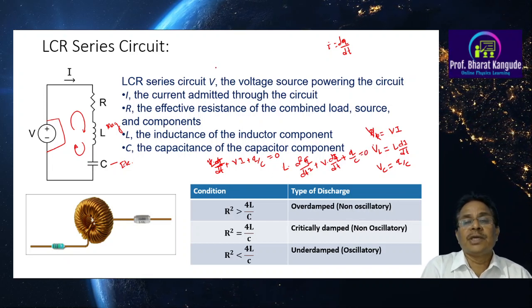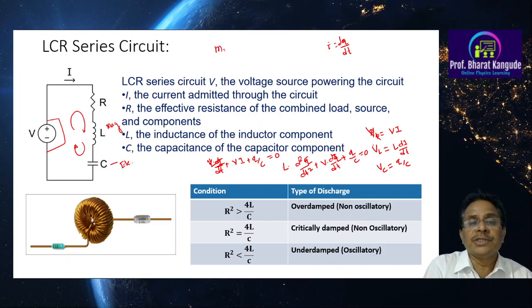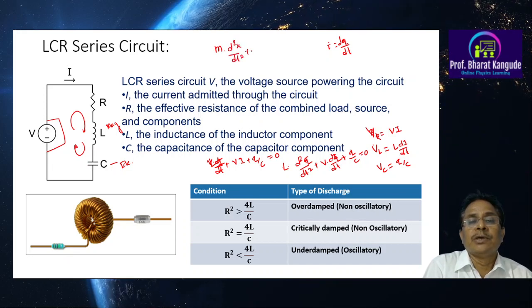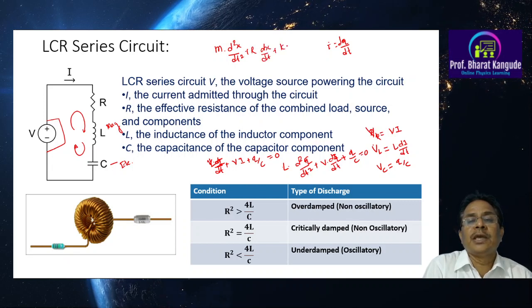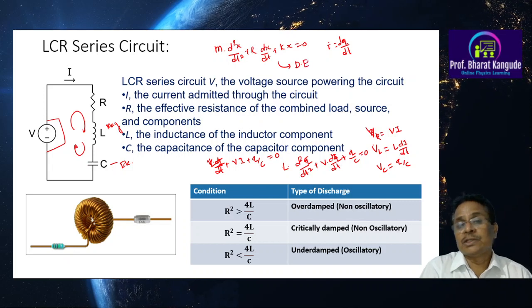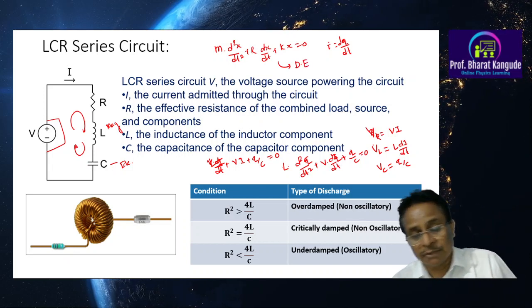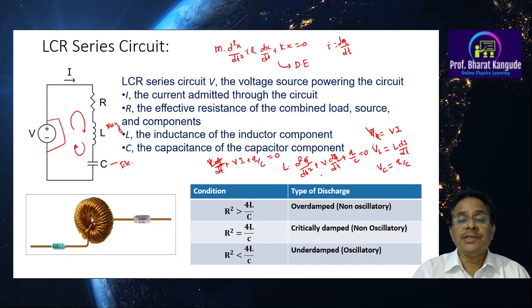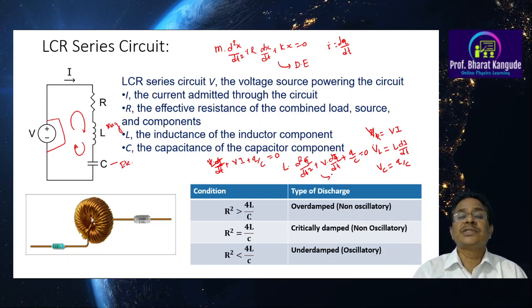Now remember, this equation is exactly identical to this equation, m into d square x upon dt square plus r into dx upon dt plus kx is equal to 0. This is the differential equation for our damped harmonic motion, and this is the equation for this LCR series oscillator.